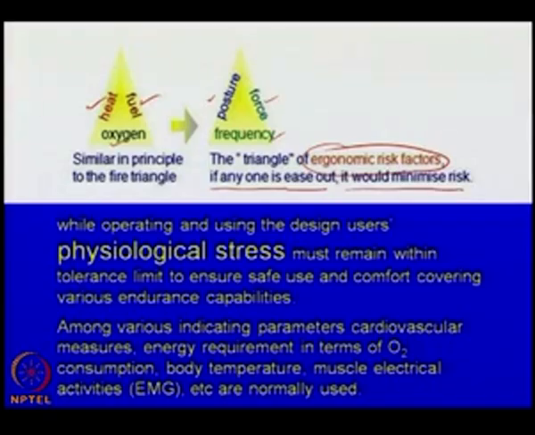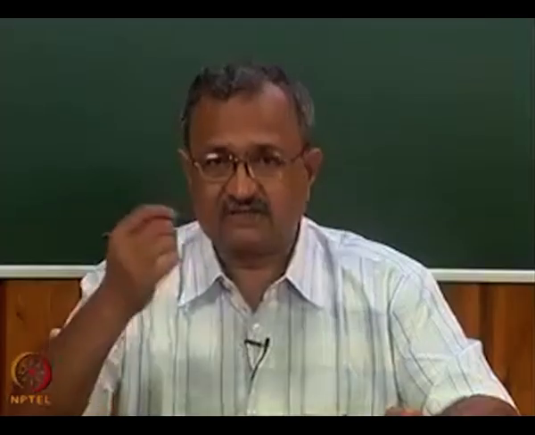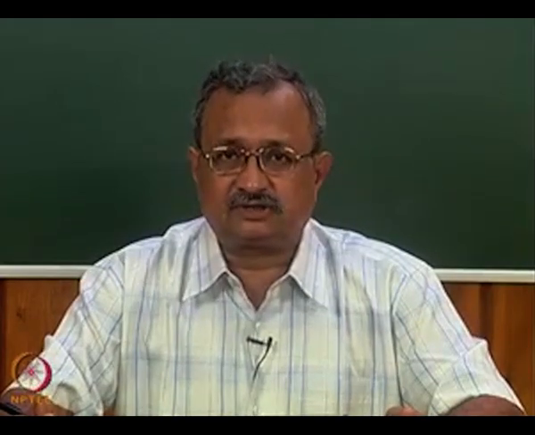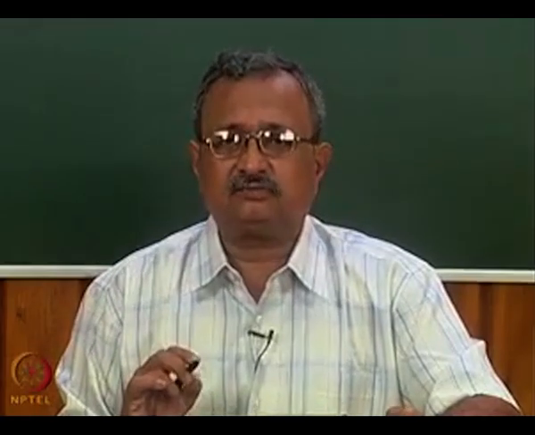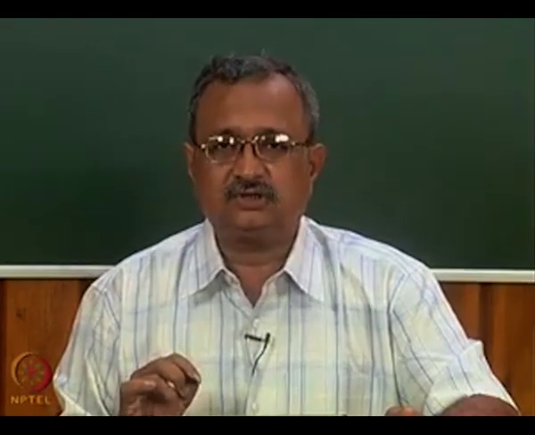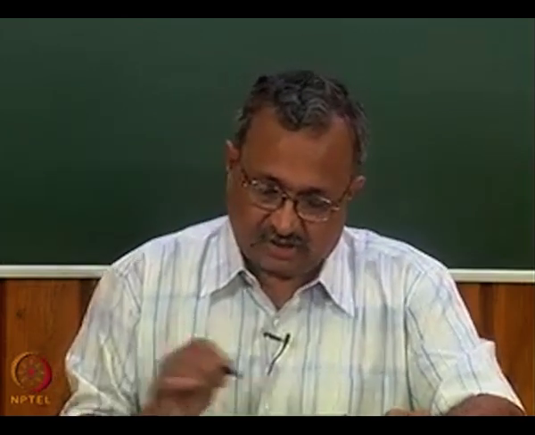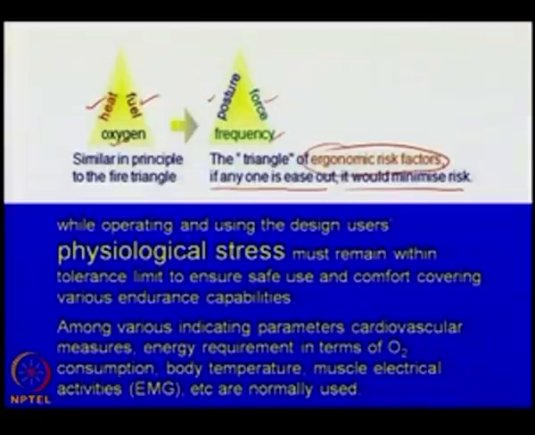Now, how can we understand or measure this risk? Among many methods, the physiological stress measurement is mostly accepted. While operating and using the design, the user's physiological stress must remain within tolerance limit to ensure safe use and comfort, covering various endurance capabilities.